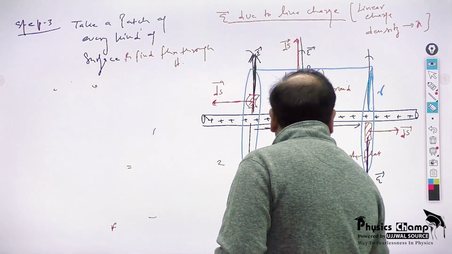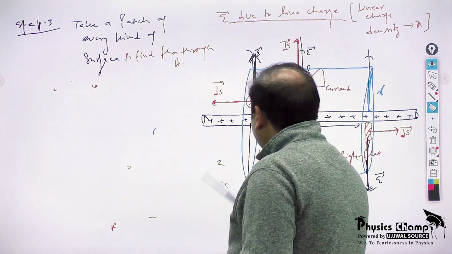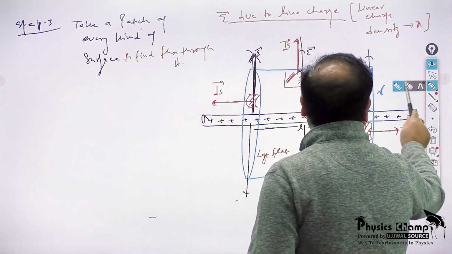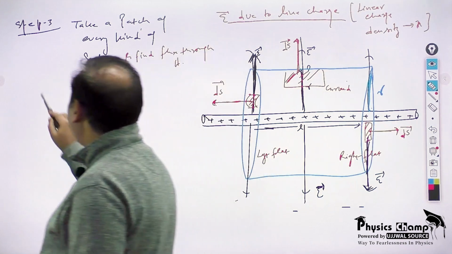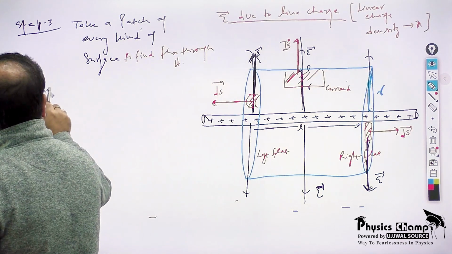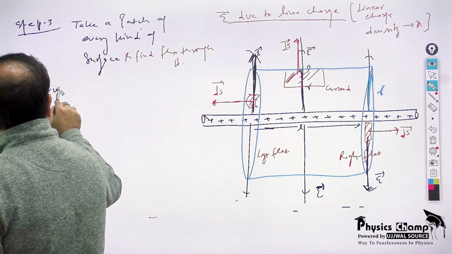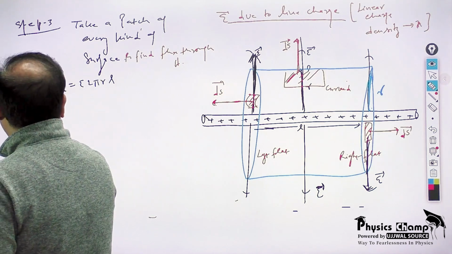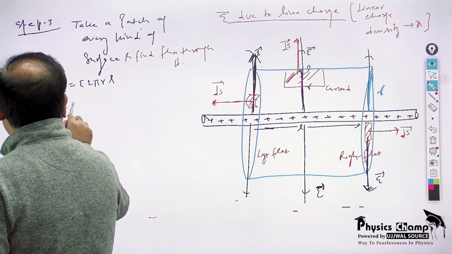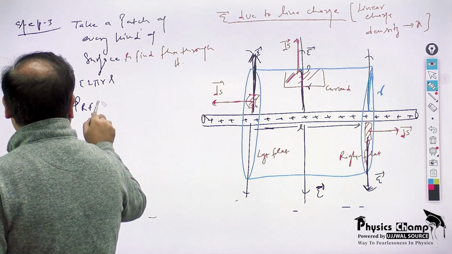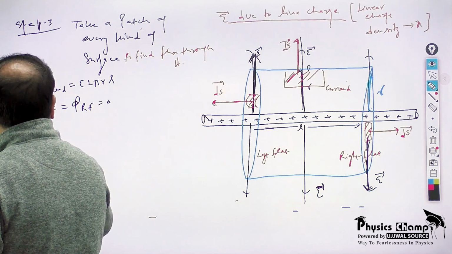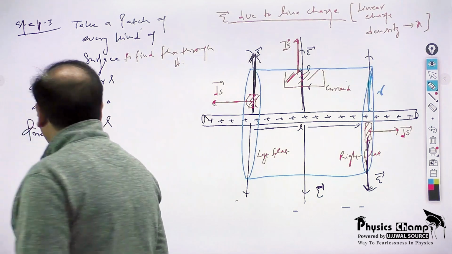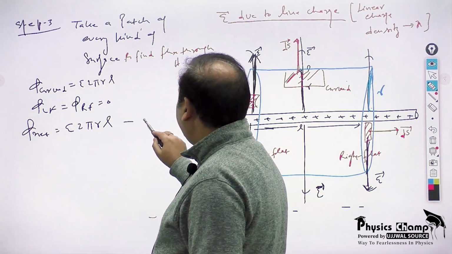The outcome of step 3 is that the flux through the curved surface is E into 2 pi RL, and the flux through the left flat surface and the right flat surface is 0. So the net flux is E into 2 pi RL. I can call it equation number 4.